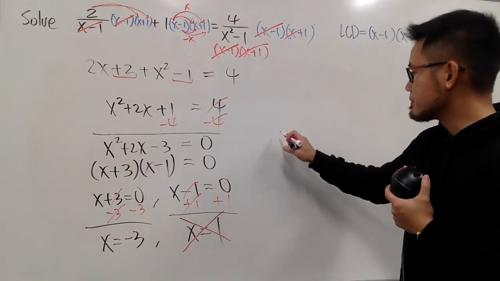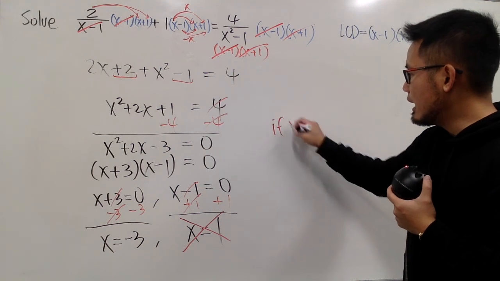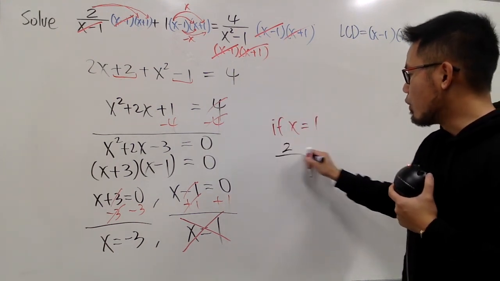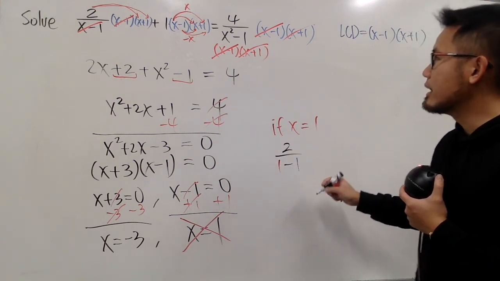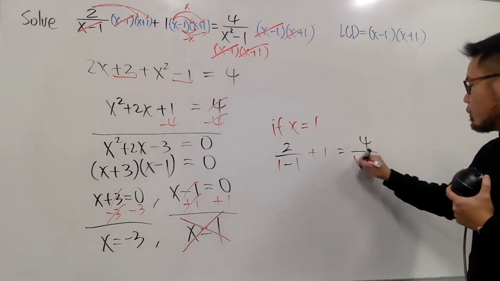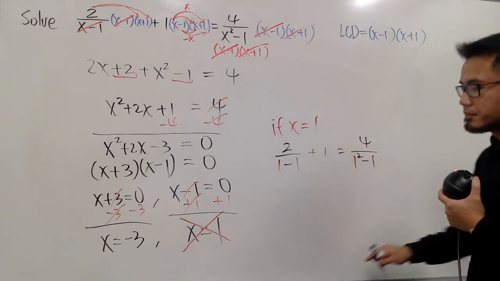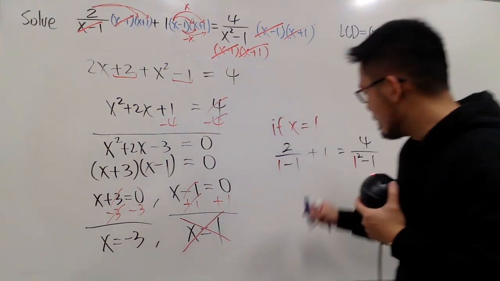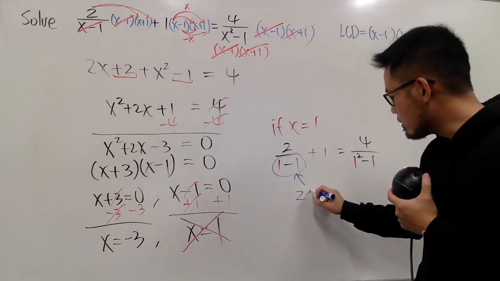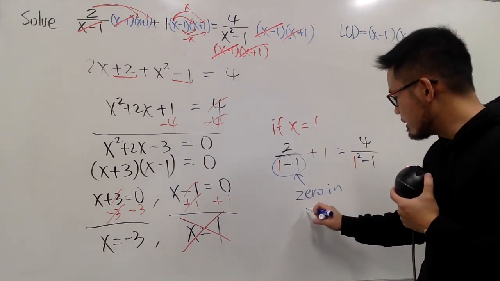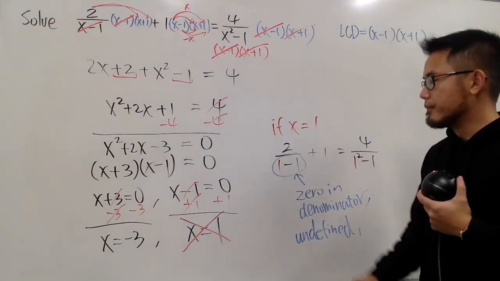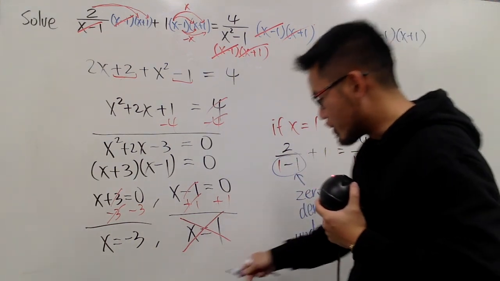So you see, if x is equal to 1, plugging into the original, we get 2 over 1 minus 1 plus 1, and then 4 over 1 squared minus 1. Right here, when we have a 0 in the denominator, that will cause this to be undefined. Okay? So that means this right here is actually no good.